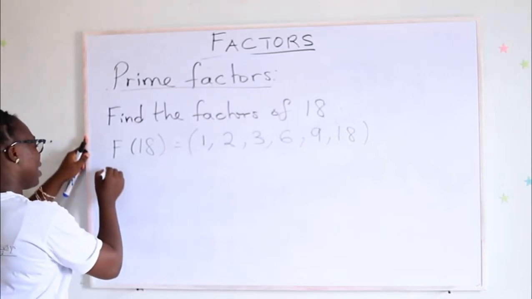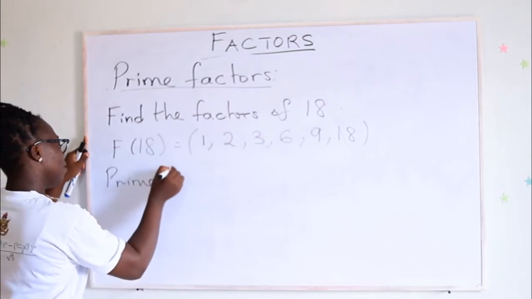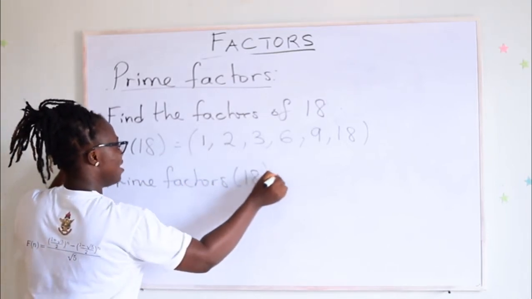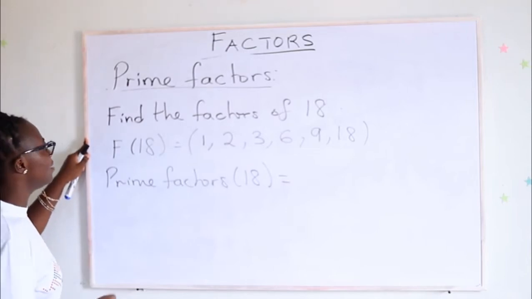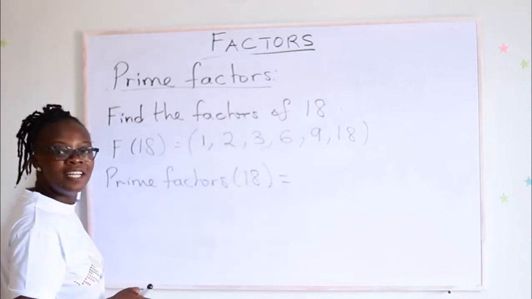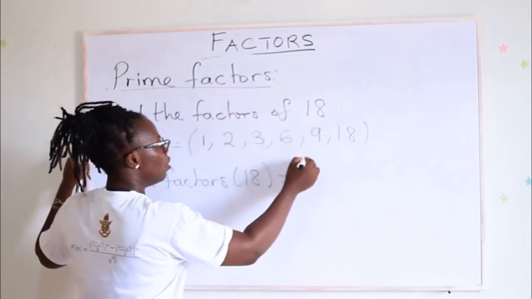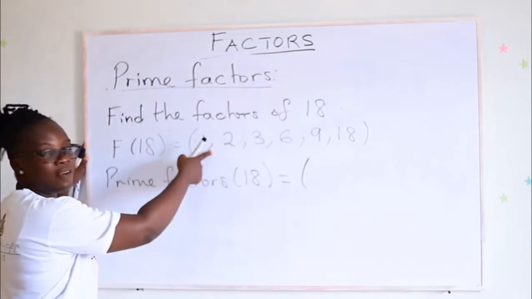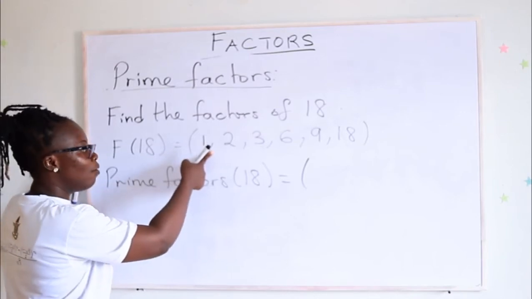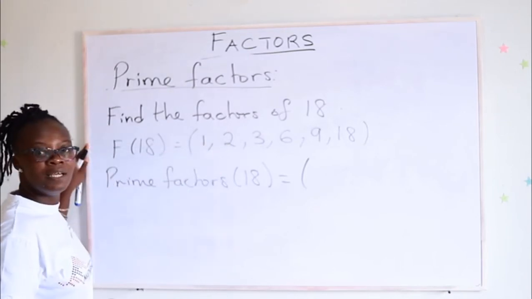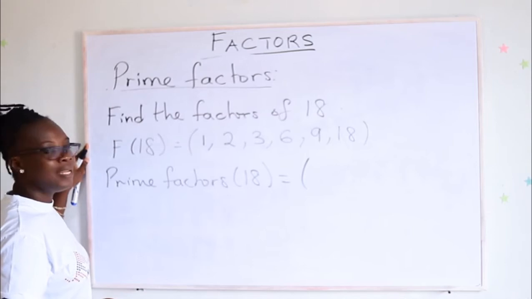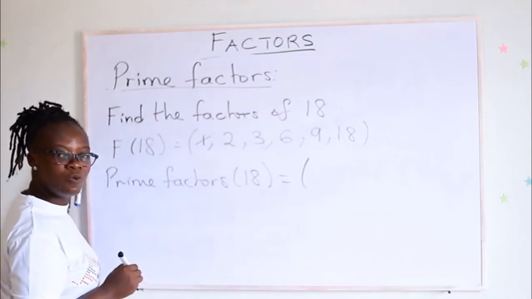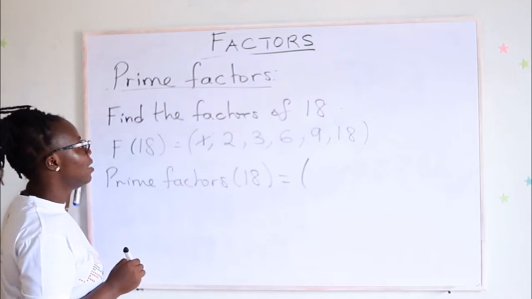But when I talk about prime factors of 18, then I'm looking at factors of 18 that are prime. So our bigger set here is the factors of 18. Now from here we can find primes that are factors of 18. 1 we know is not a prime number.